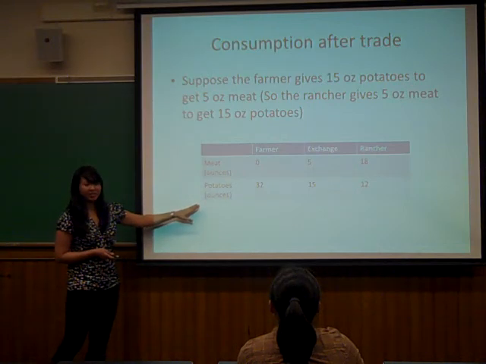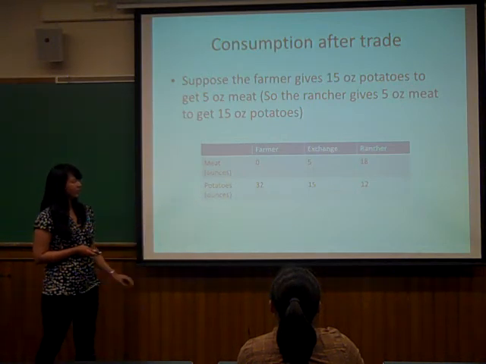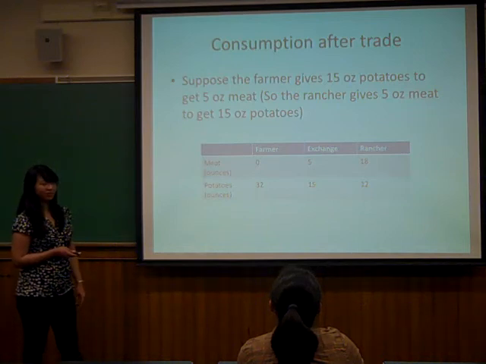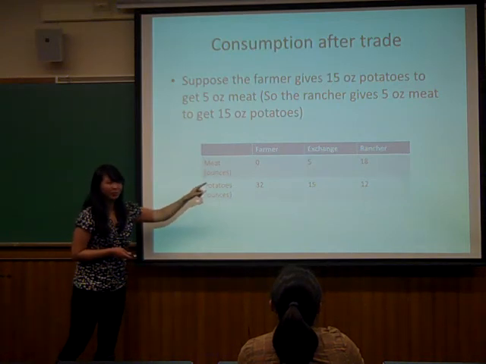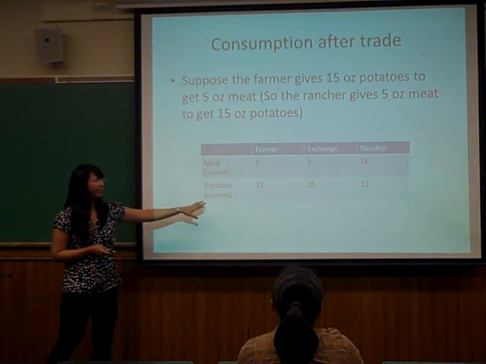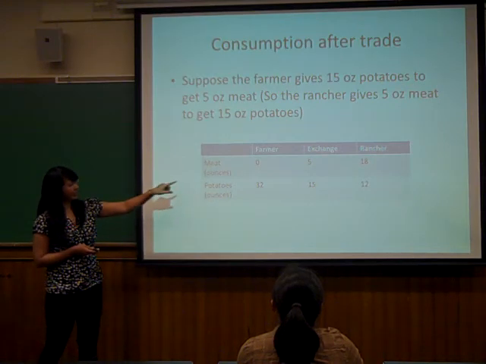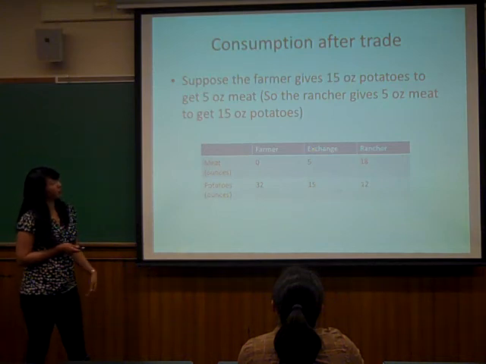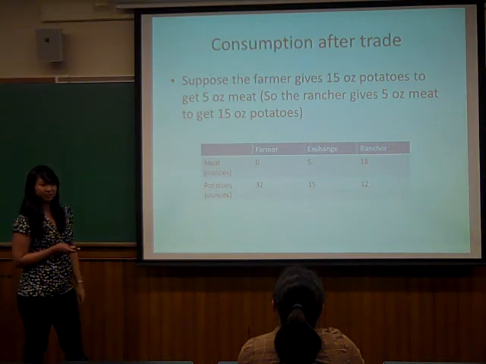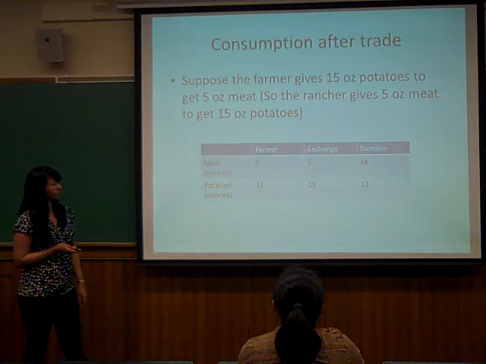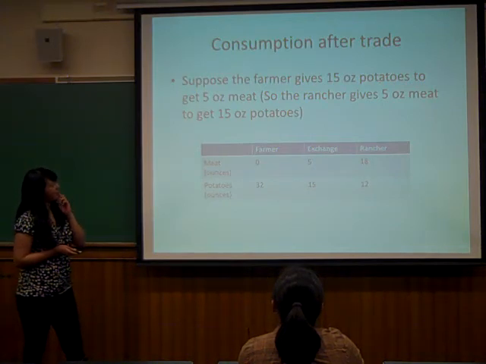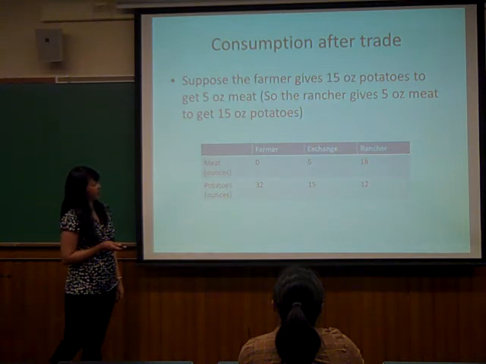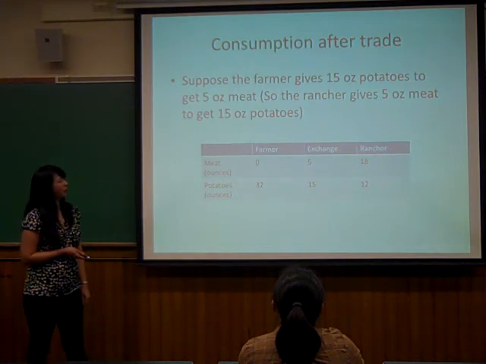How much potato can the farmer consume? 32 minus 15, 17, right? If you do the calculation, how much meat would the rancher have? 13, right? And for potatoes, the rancher would have 27 ounces.